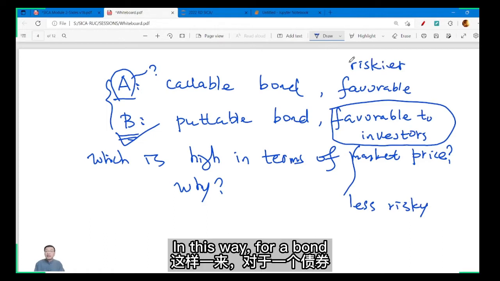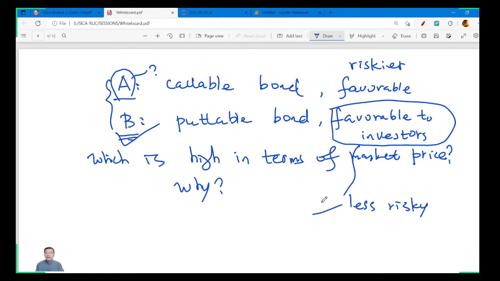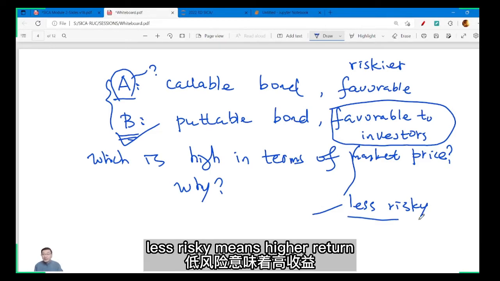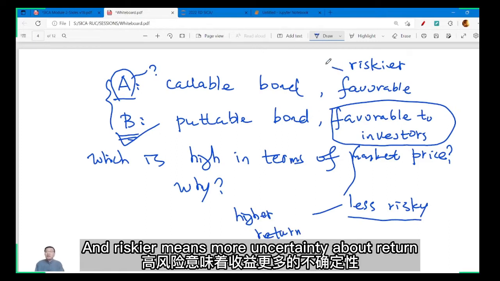For bonds where all the other conditions are the same, less risky means higher return, and riskier means more uncertainty about return.